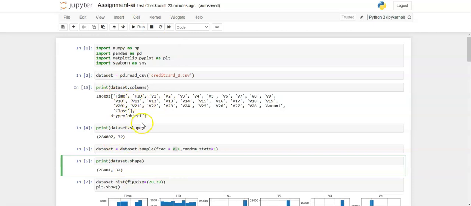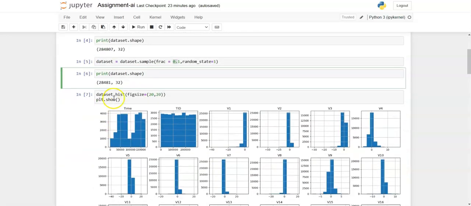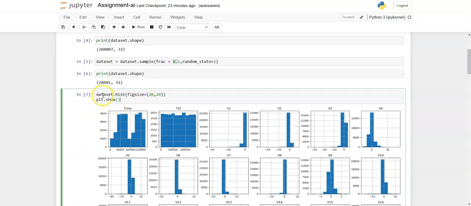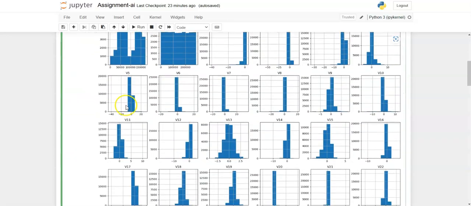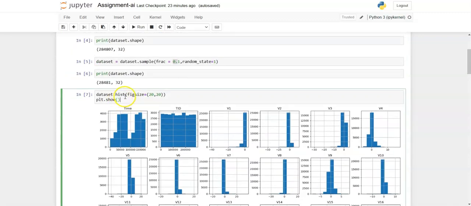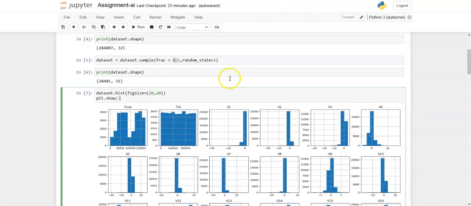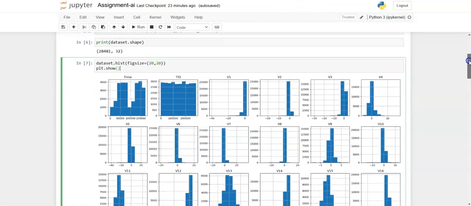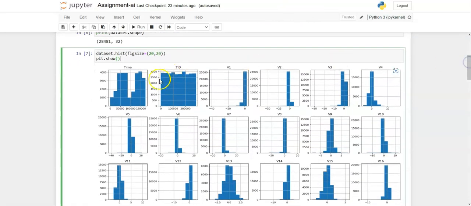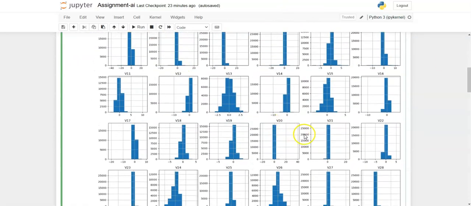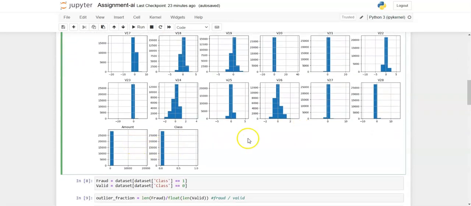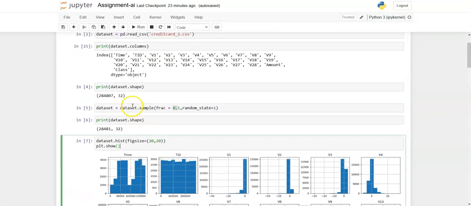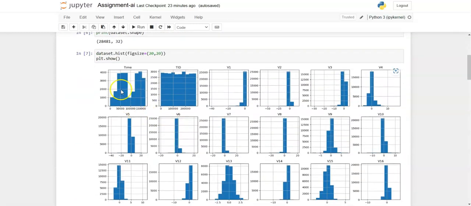I used preprocessed data because the dataset was huge. Now in the dataset, I'm running a histogram of each and every column in the table, which has 32 columns, as you can see.